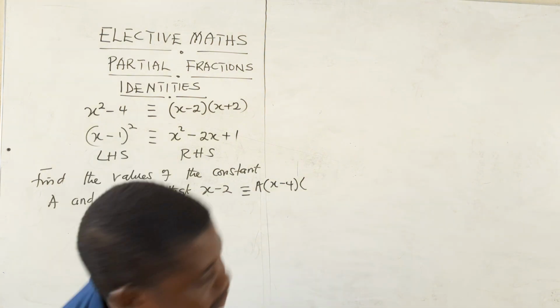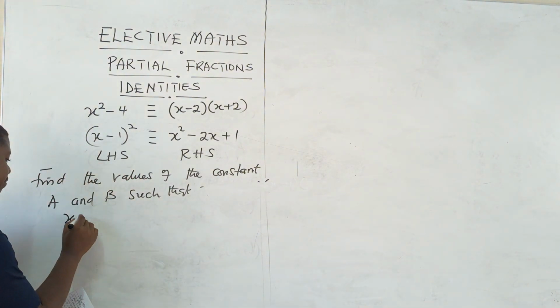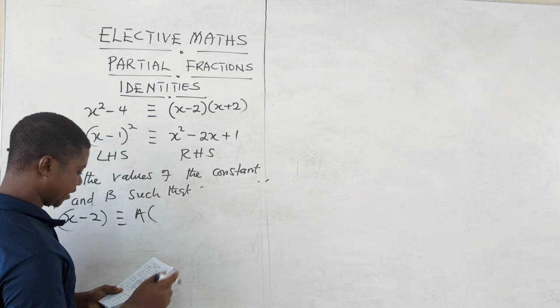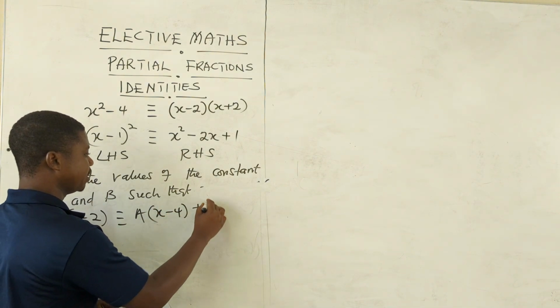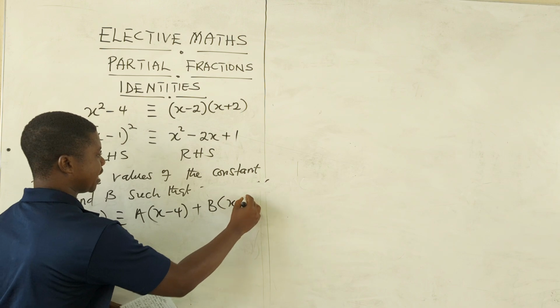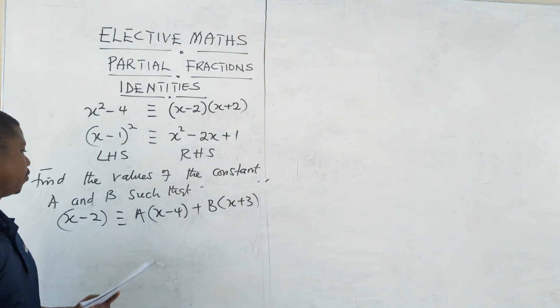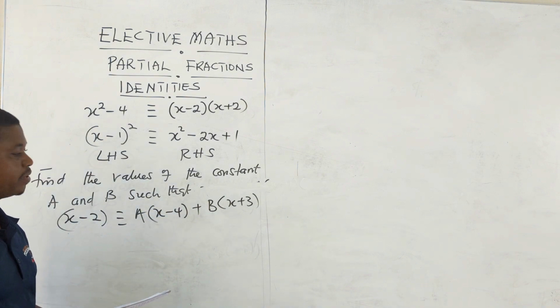Let me write the question down here. x minus 2 is equivalent to A(x minus 4) plus B(x plus 3). And this is our question. We are supposed to find the values of the constants A and B.